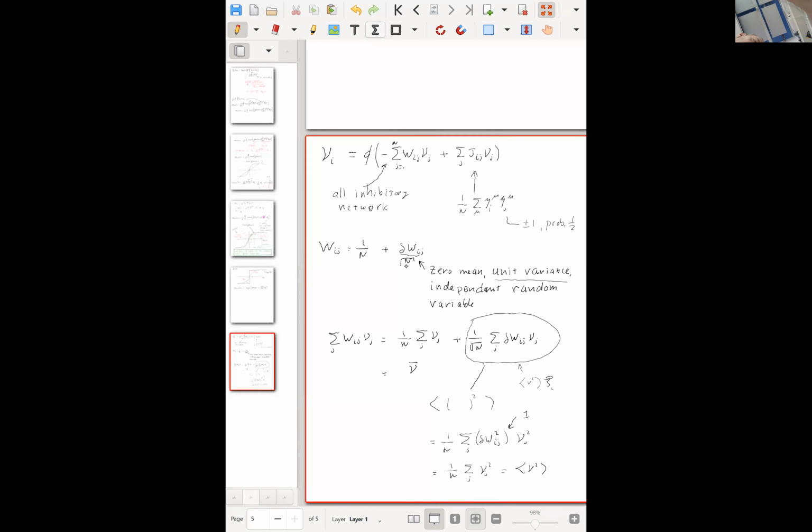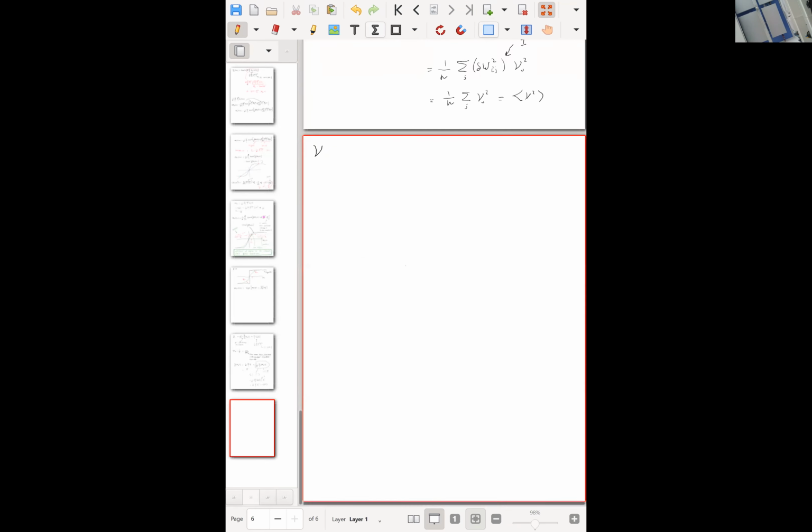Okay, so our equation becomes nu i equals phi of minus nu bar plus the square root of nu squared bar times squiggle i, and then plus 1 over n, the sum of things we've seen before, the same thing we had before, eta i mu, m mu.